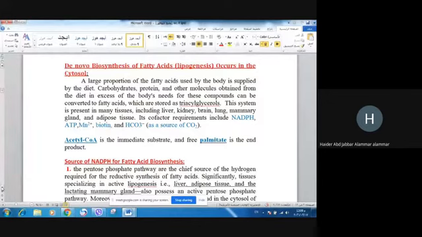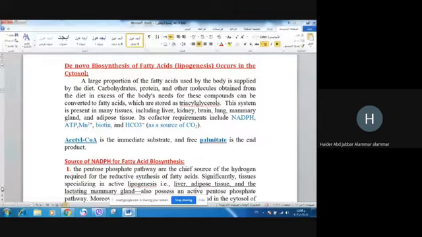As you know, the major things that should be available for beta oxidation in the activation step and during beta oxidation are ATP, NAD and FAD. Here, the most important requirements include NADPH, ATP, manganese, biotin, and bicarbonate, which is so important because it is a source of carbon dioxide.